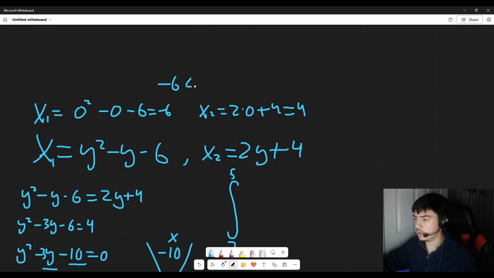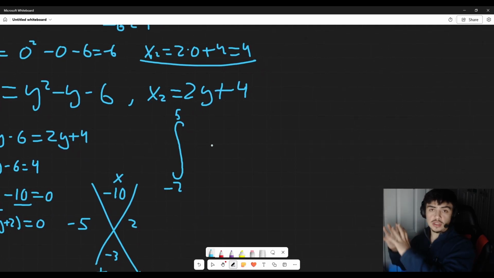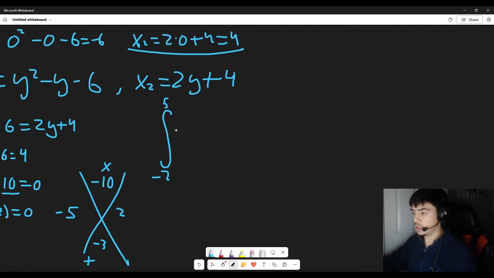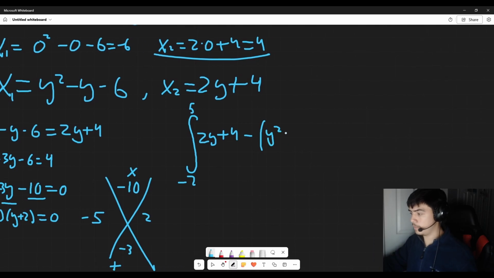And obviously, 4 is greater than negative 6, meaning that x sub 2 is our right function, our greater function. So we're going to go ahead and plug in 2y plus 4 minus our left function, our smaller function, which is going to be y squared minus y minus 6 dy.